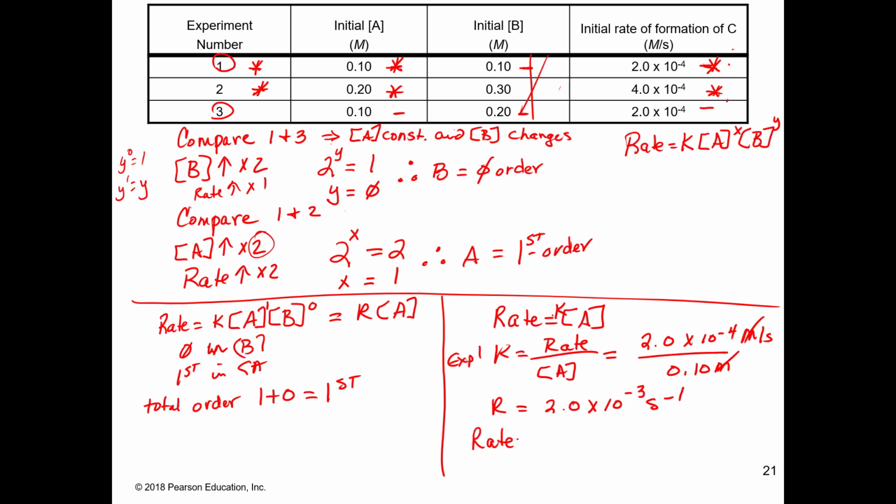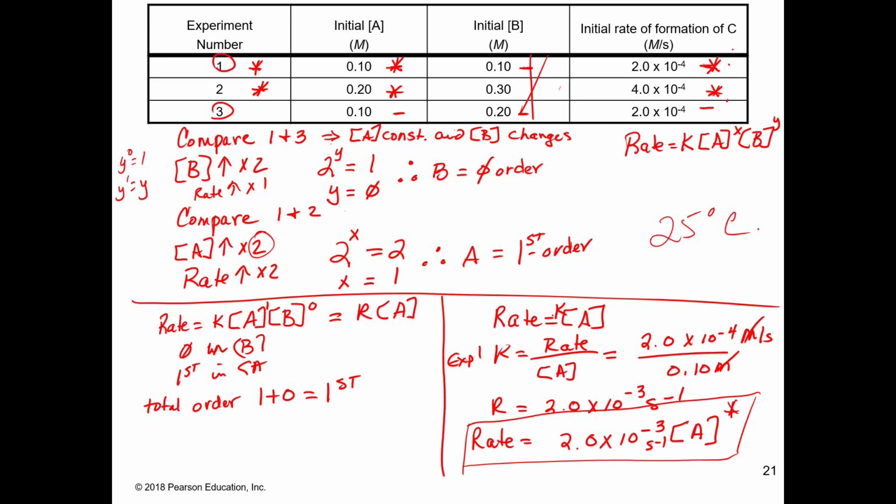And so the rate equals 2 times 10 to the minus 3 times A. So what that's given us is that at any concentration of A now, no matter what I do to the concentration of A, I can tell you what the effect on the rate is, because that is the specific rate expression of this reaction as long as it stays at the original 25 degrees C. If I change the temperature, it will change the K. Okay? So that's how you do that.